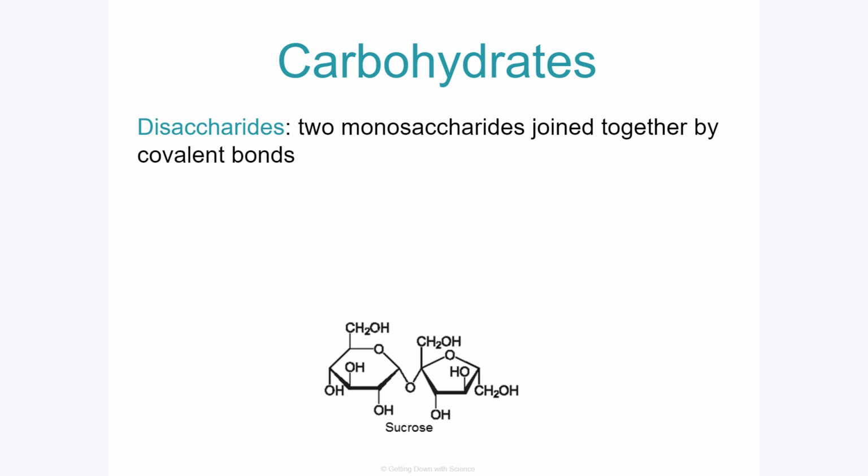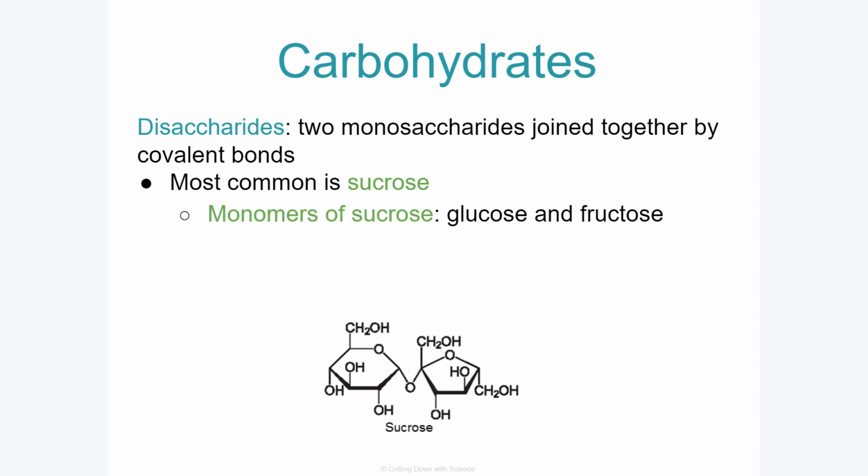So, disaccharides are 2 monosaccharides joined together by a covalent bond. A covalent bond is just them sharing these things called electrons, which are negatively charged particles in their electron shell. The most common disaccharide is going to be sucrose, as we see depicted down at the bottom.